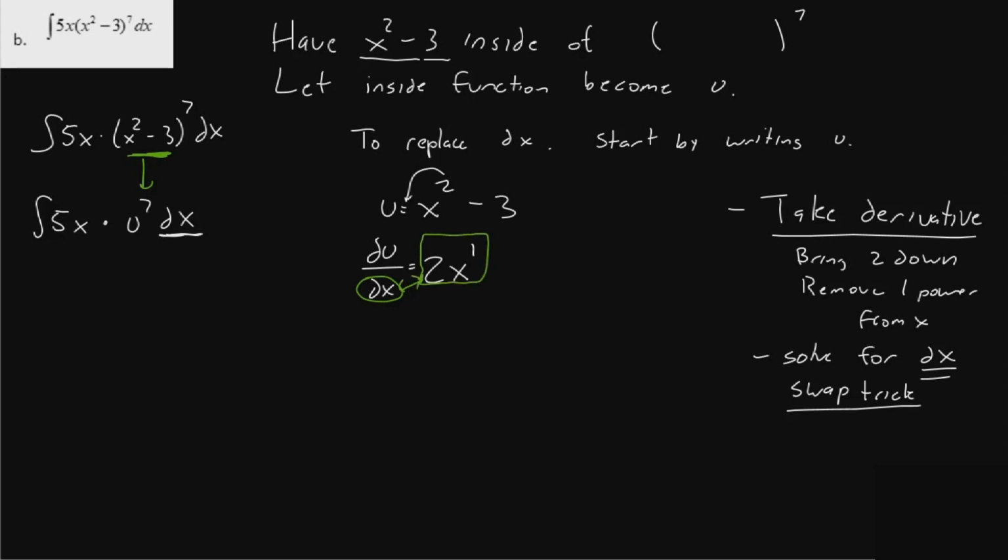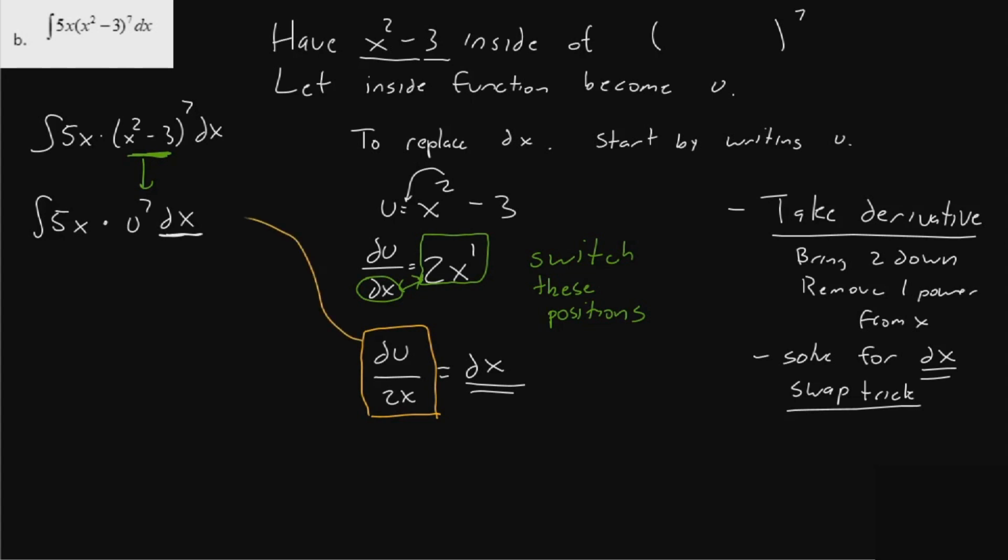Because this dx is on the bottom and this 2x is on the right, it is okay to switch those two positions. So now we'll have du over 2x is equal to dx. And at this point, once we have solved for dx, we can move that back into the integral.